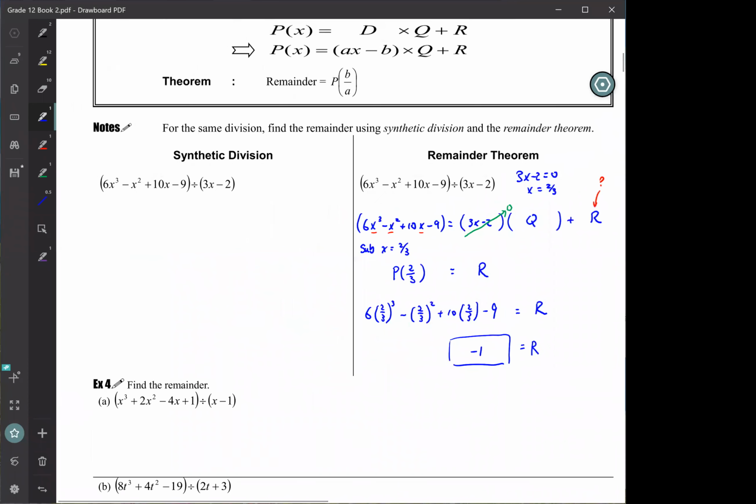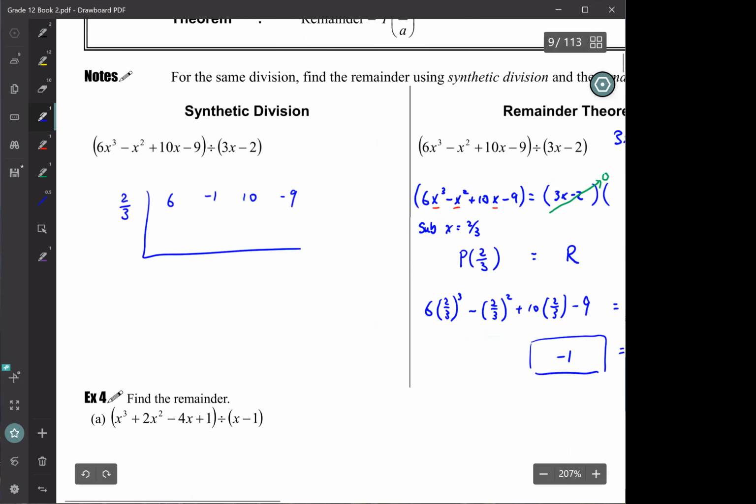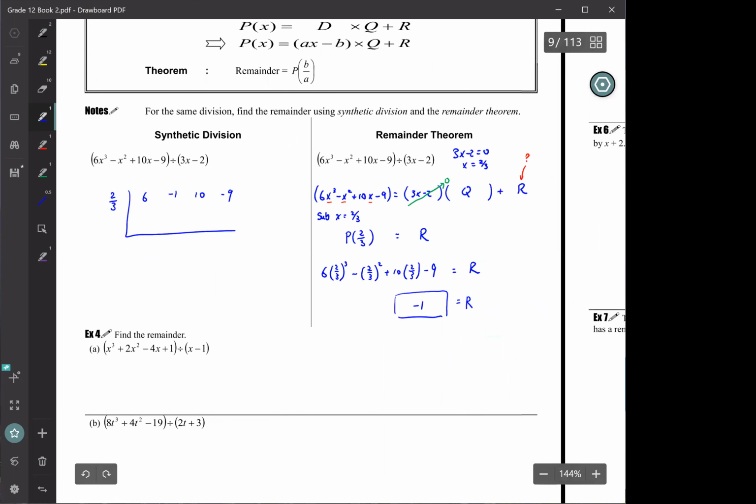We're going to quickly check with the synthetic division, all right? So outside the box, we are gonna put 2/3, right? And we'll put 6, -1, 10, -9. And then we drop down the 6. 6 times 2/3, okay? So you have to be quick with the fraction.